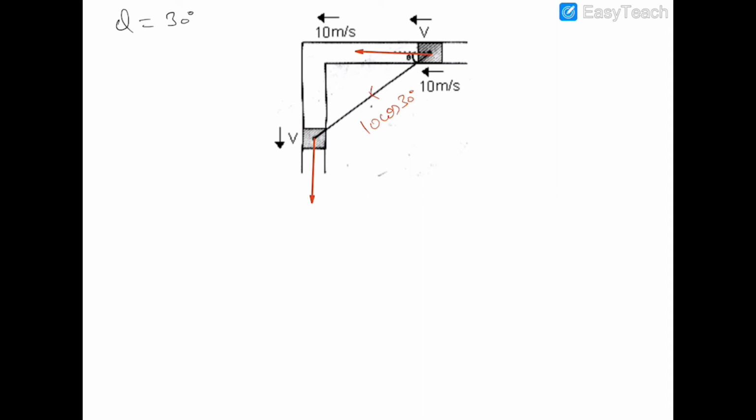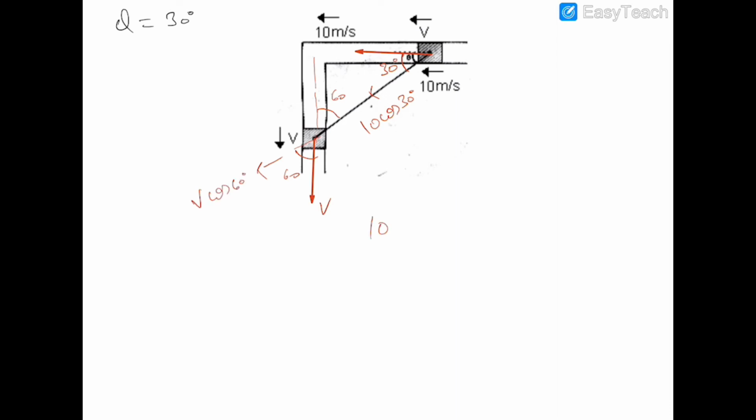Theta is 30, this is 30 degree, and this angle will be 60 degree. So the component of this v along the rope will be v cos 60 degree.